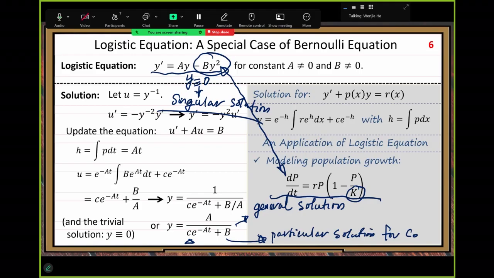Now, if P passes that capital K, the equilibrium solution line, then capital P over K is greater than 1, right? So 1 minus a number greater than 1, then this big parenthesis becomes negative. When the derivative is negative, it's decreasing, right? So after the population passes that equilibrium solution line, it becomes reduction.